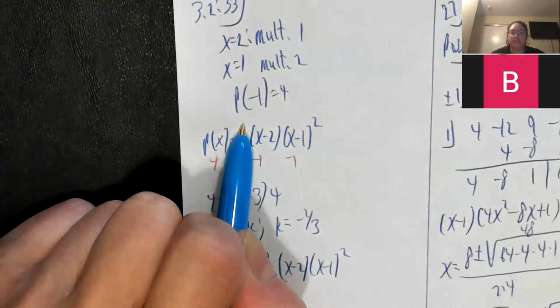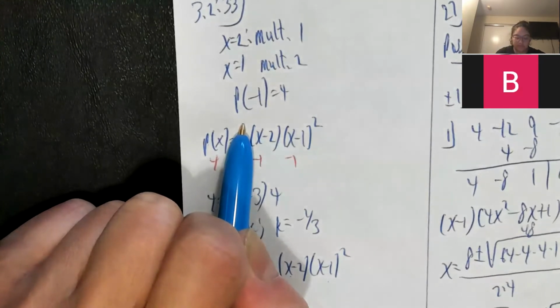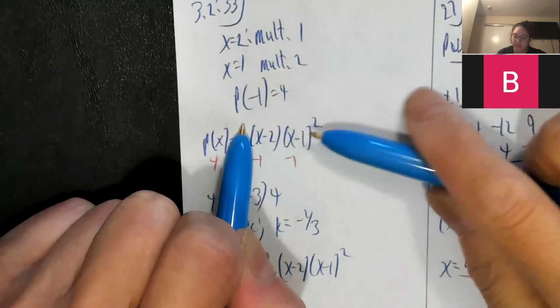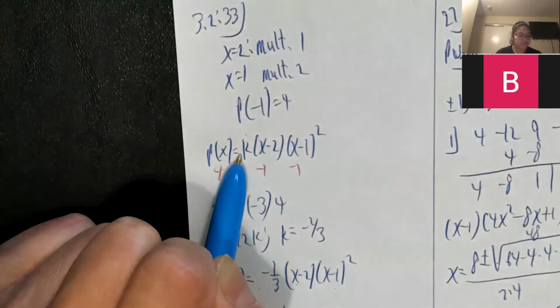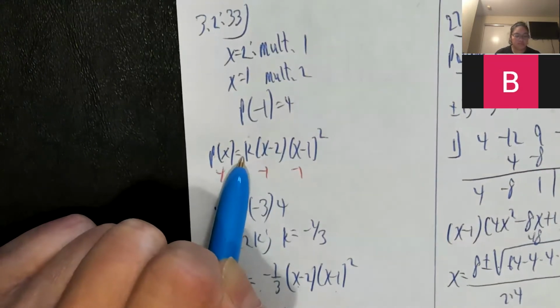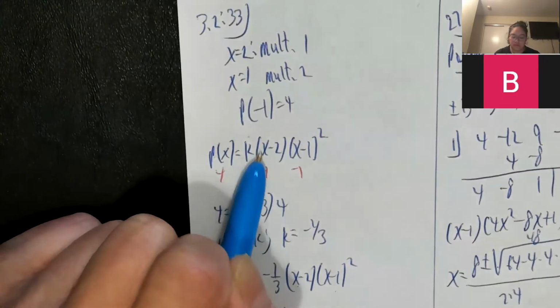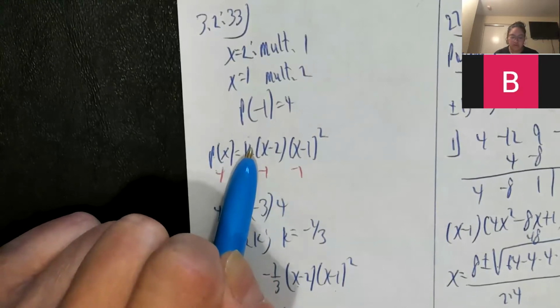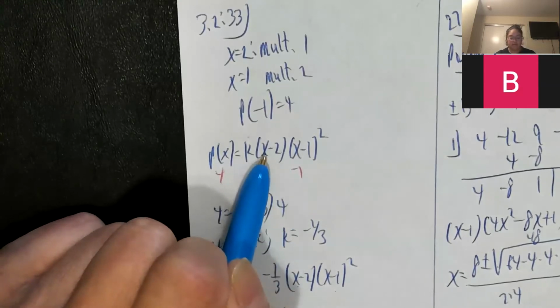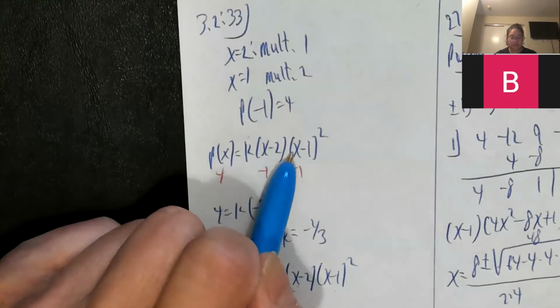It's a 0. 1 works with multiplicity 2, and there it is. And that does give me a cubic. It's going to be third degree. It's going to be x times x times x. But I may have to put a k in front. In fact, in this case, I have to put a k. See, if I multiply this whole thing by 3 or 2 or negative a million, I'm still going to have zeros of 2 with multiplicity 1 and 1 with multiplicity 2.